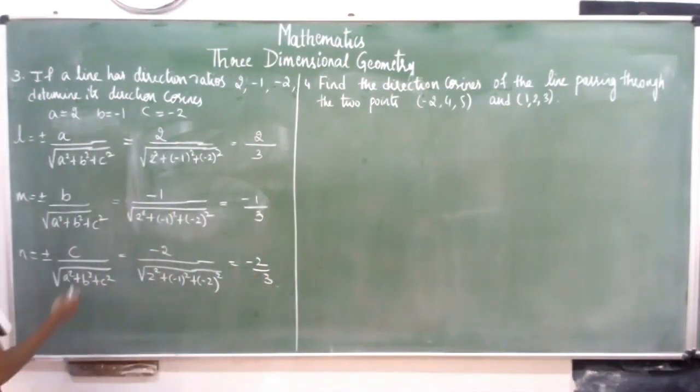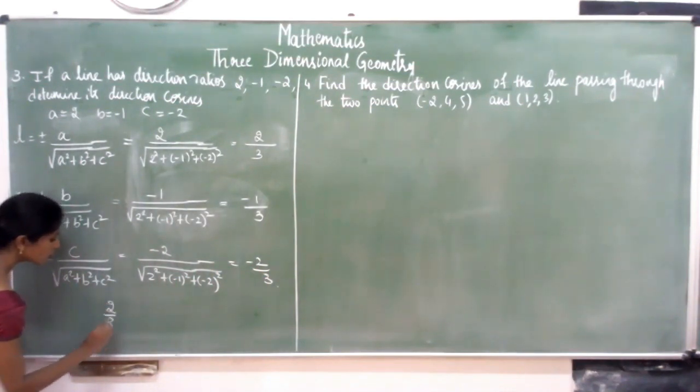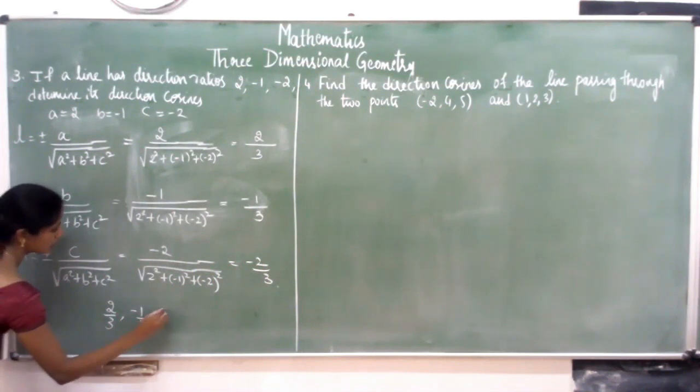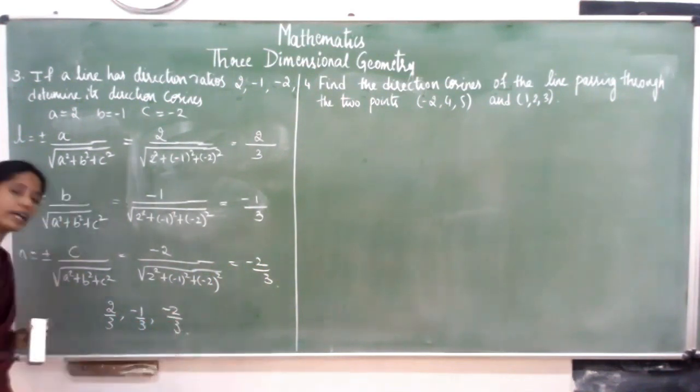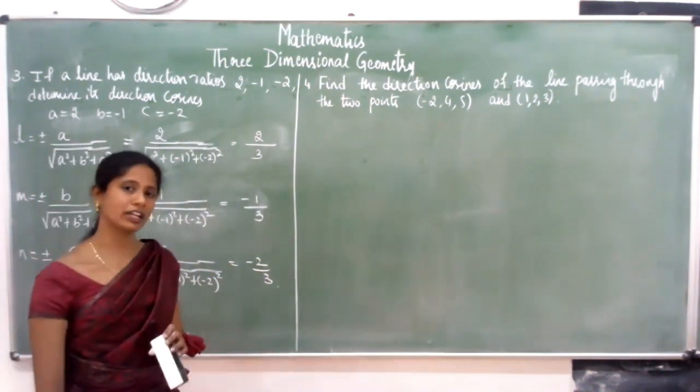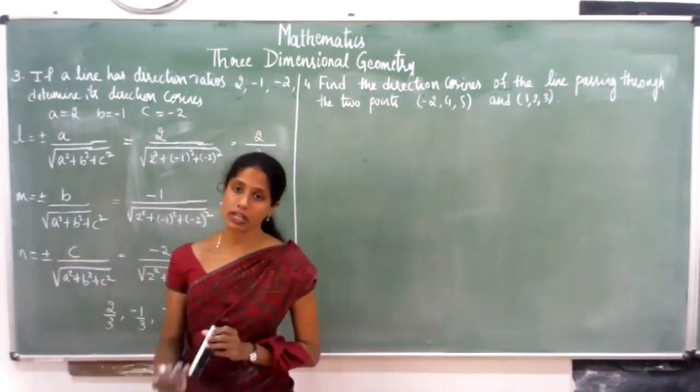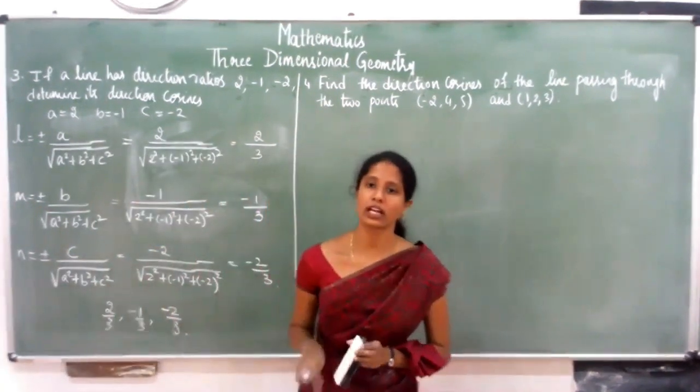Therefore the direction cosines for the line which has direction ratios 2, minus 1 and minus 2 are 2 by 3, minus 1 by 3 and minus 2 by 3. This is how we find the direction cosines when direction ratios of a line are given.